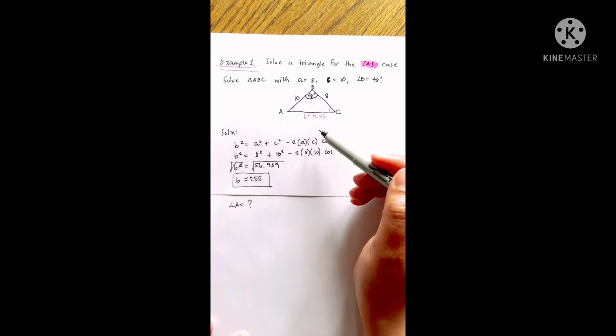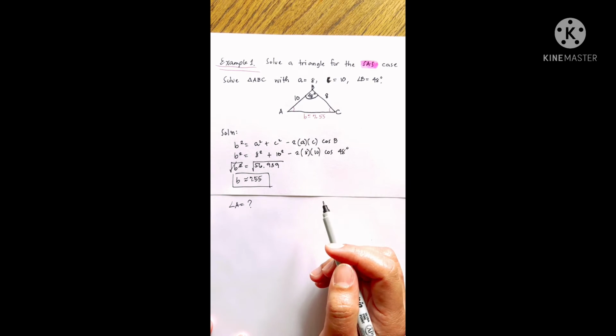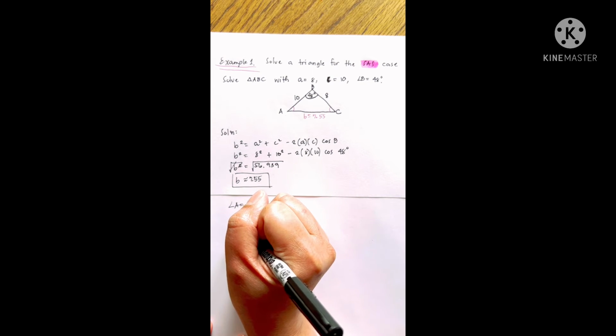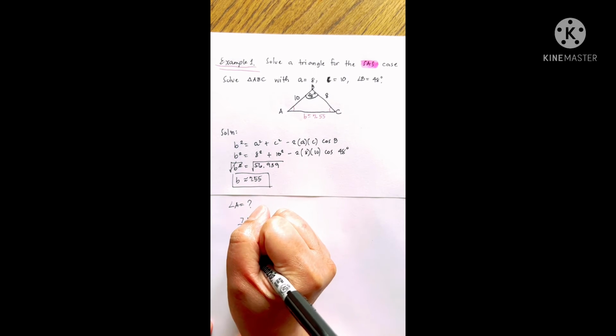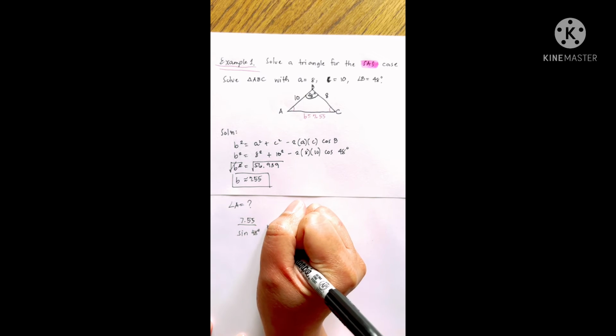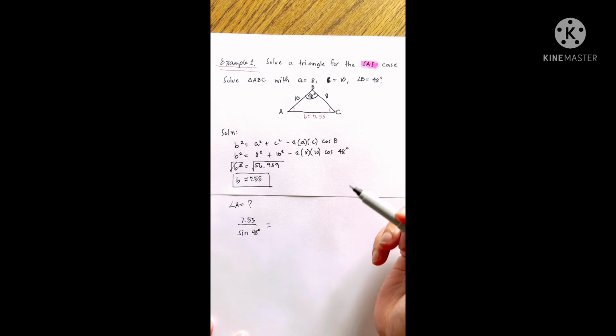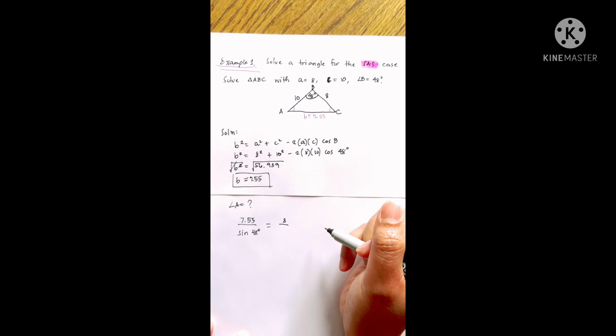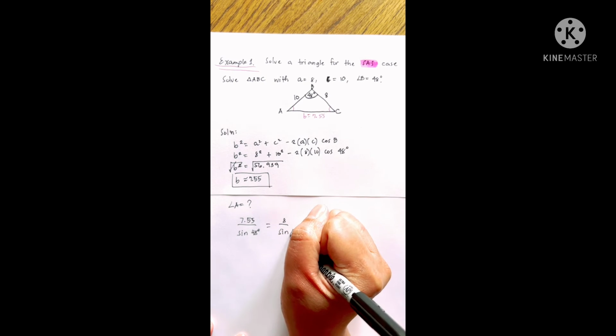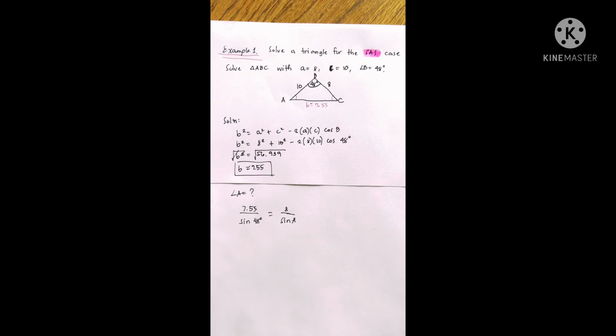We're gonna use side b and angle B. So we go 7.55 divided by sine 48 degrees equals, since we're solving for A, 8 over sine A.